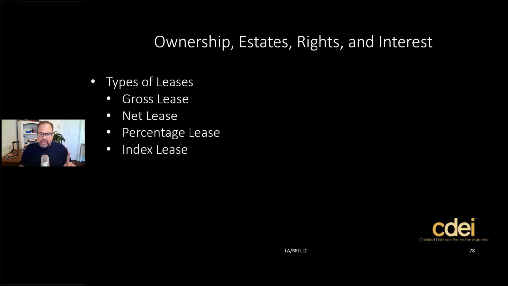So a gross lease, the landlord's going to pay for everything. Okay, the landlord pays all the expenses. You as the tenant pay one lump sum. For example, you rent a condo, fully furnished, in town, $1,500 a month. They pay for electricity. They pay for cable, Wi-Fi, trash pickup. All the expenses are paid by the landlord, and you as the tenant are paying one gross lease.